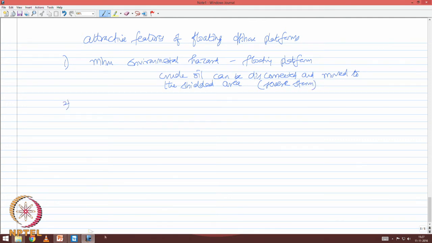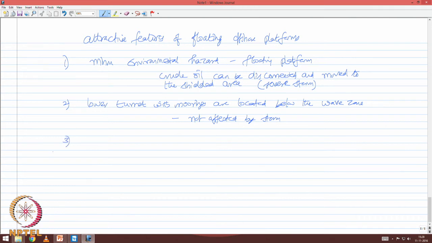The second advantage could be the lower turret system, with moorings located below the wave zone, and therefore not affected by storm.